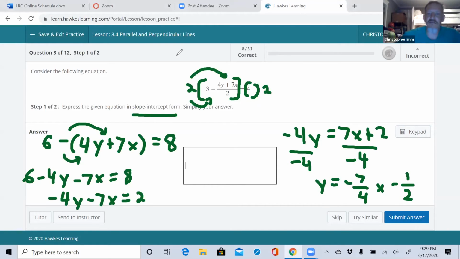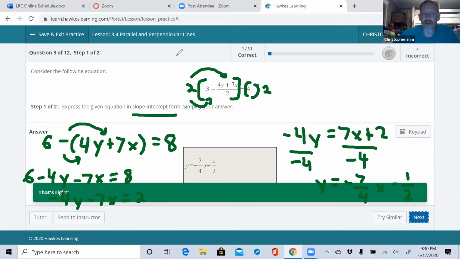So that should be in slope-intercept form. So that's going to tell me that the slope is negative 7/4, and the y-intercept is 0, comma, negative 1/2. All right, that's right, that's good.